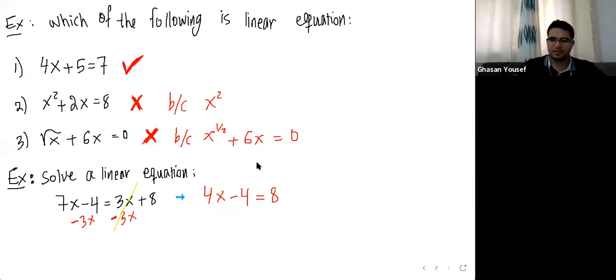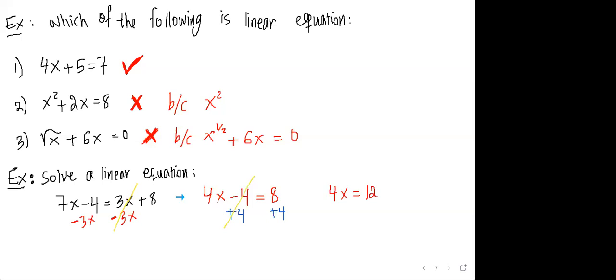Adding 4, exactly. If I add 4 to both sides, I cancel the 4 from this side. So here I get 0, and now I get 4x equals 12. Correct, Eric? Now what do I have to do? I need x equals. You just need to divide by 4 on both sides.